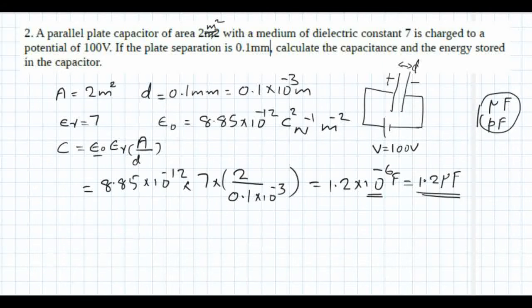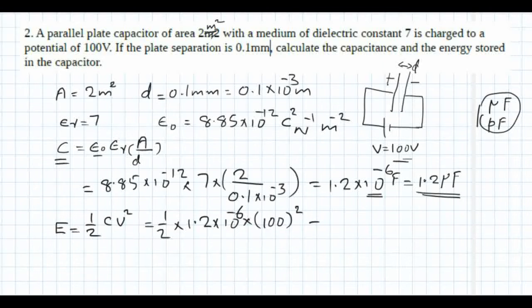Then the next part is: what is the energy stored in the capacitor? The energy stored has three equations that we have already discussed, and one equation is energy equal to half CV square, because we got C, and V is 100 volts. So this is 1 by 2 into 1.2 into 10 raised to minus 6, the capacitance, into 100 square.